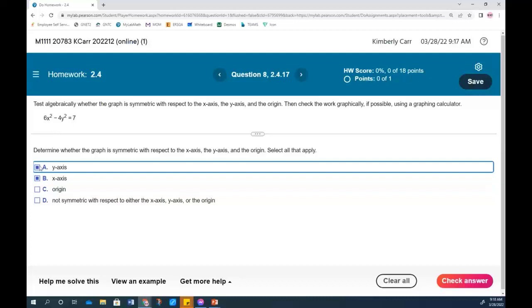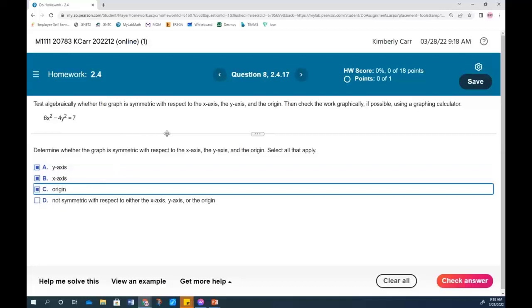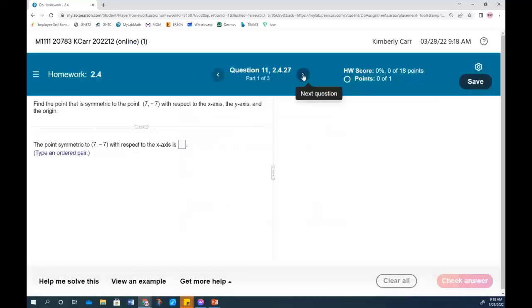So it also has y-axis symmetry. If I want to test origin symmetry, I test them both. They both become the exact same thing. So this actually has symmetry with respect to the x-axis, the y-axis, and the origin.